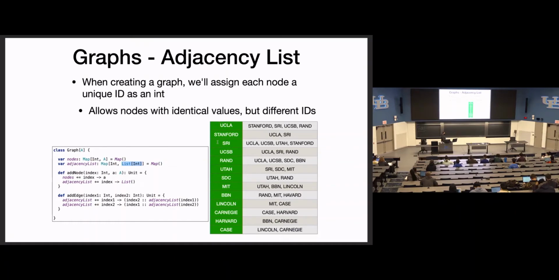So we have a map of int to list of int. We take our key value store and our sequential list and combine them to represent this adjacency list. And that's how we represent all the edges in the graph. And then our map of nodes is going to store every node in the graph. So we have a nice combination of data structures.